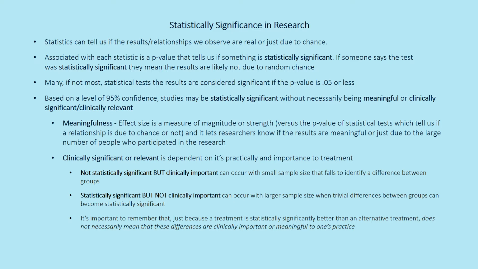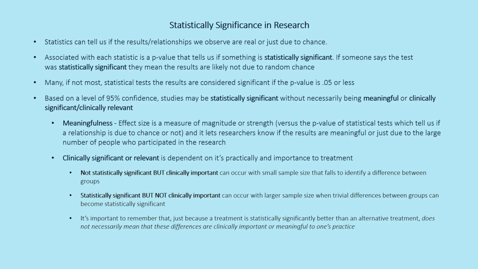Many, if not most, tests are set to a p-value of 0.05. Based on this 95% level of confidence, the results of what we tested and got will fall within this range. This study may then be statistically significant without necessarily being meaningful or clinically significant or clinically relevant.